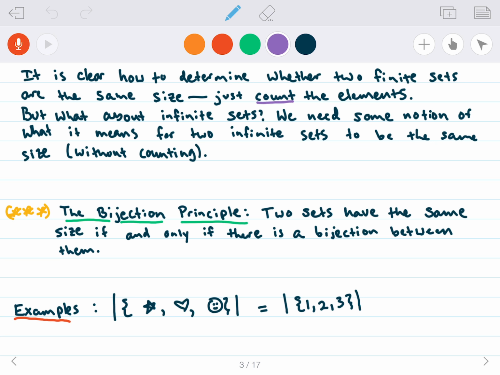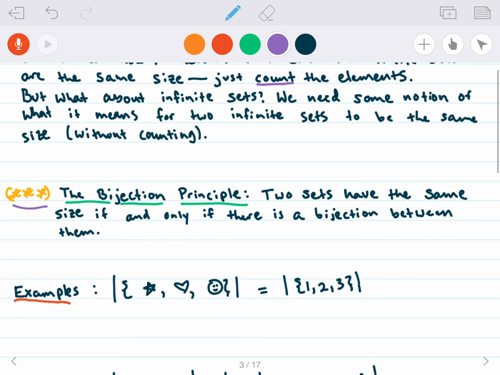And that's where we get this bijection principle right here. I have 3 stars, which means it's very important. We say that two sets have the same size if and only if there is a bijection between them. Remember from our first lecture, bijection means that we have an injection and a surjection, okay? We can picture this visually in a nice way. Let's look at this very simple example.